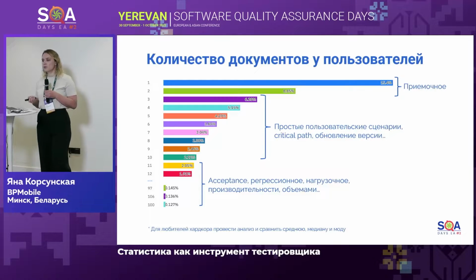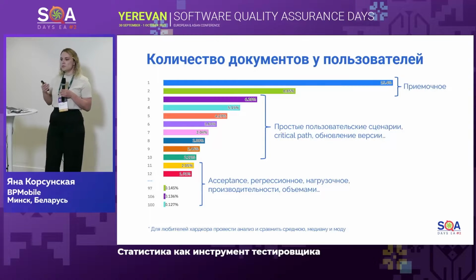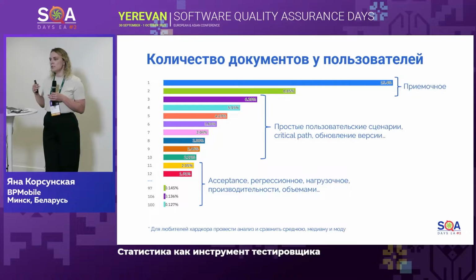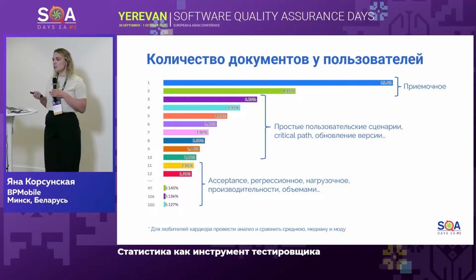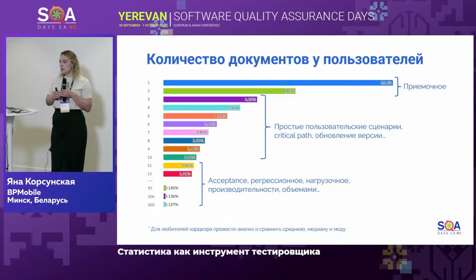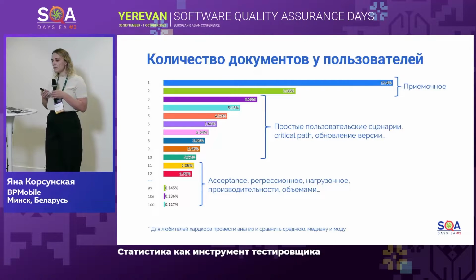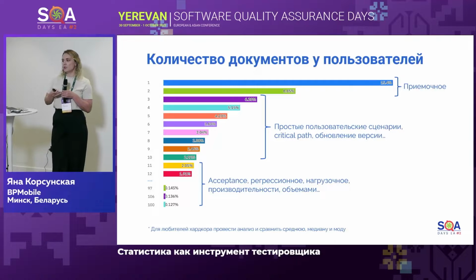So we use the bigger number of documents. At the same time, this data can be used to understand what amount can be tested manually and what amount can be tested automatically. Based on statistics, we see that a certain number of users have quite a big number of documents. In other words, we need to provide for stable operation and processing of 100 documents, which means that it will be difficult to do manually.